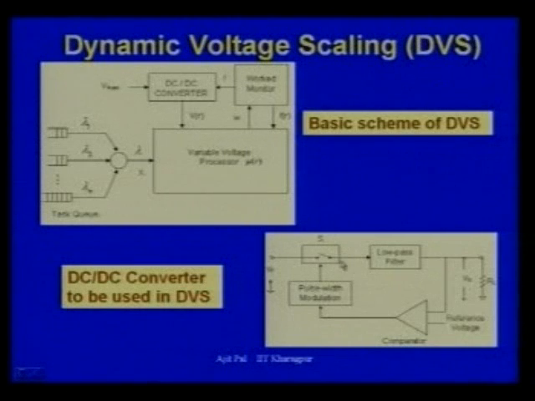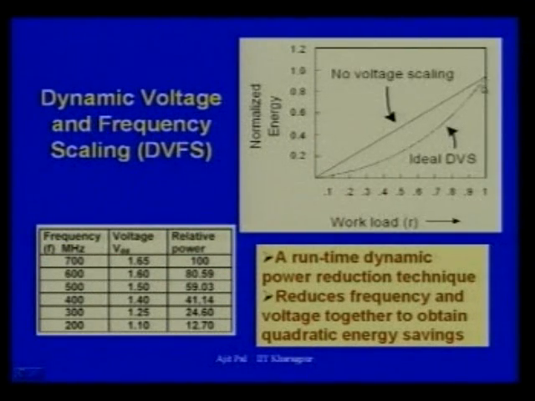This switch is obviously realized with the help of some kind of gates, some kind of MOS transistor. Okay. So, this is the basic approach, and we have seen that there is a significant reduction in power dissipation whenever you go for dynamic voltage and frequency scaling, and nowadays these are being used in many systems.